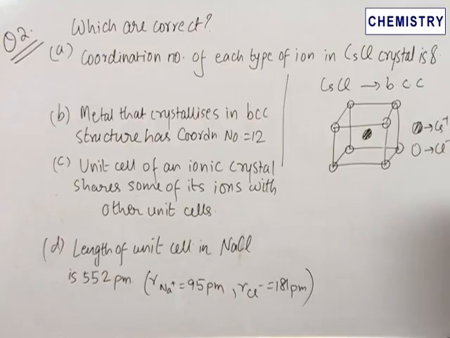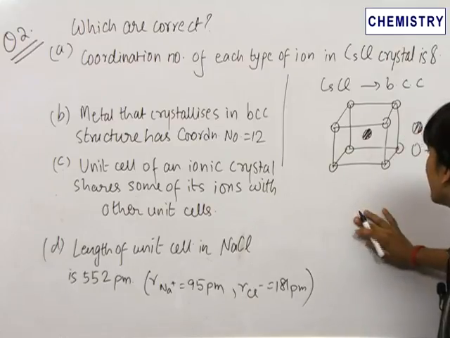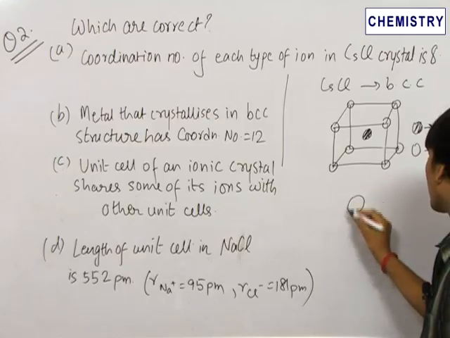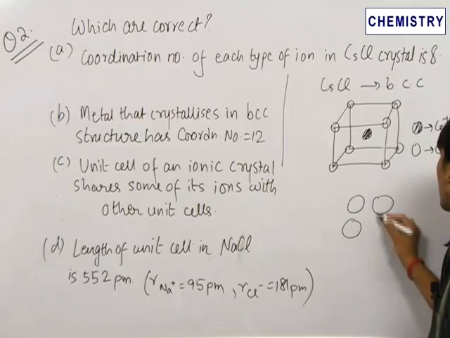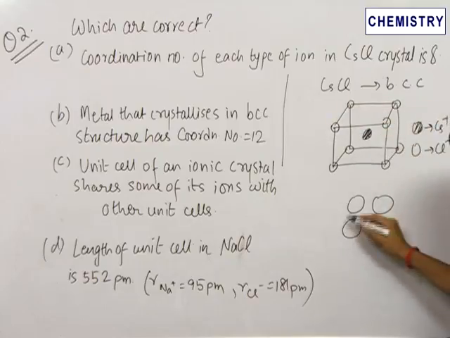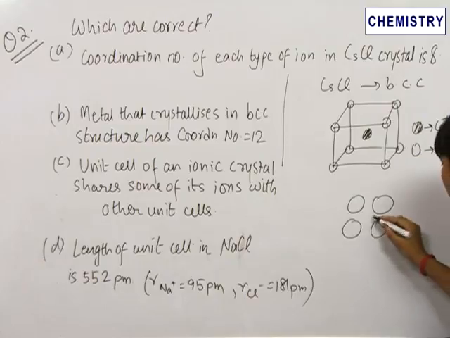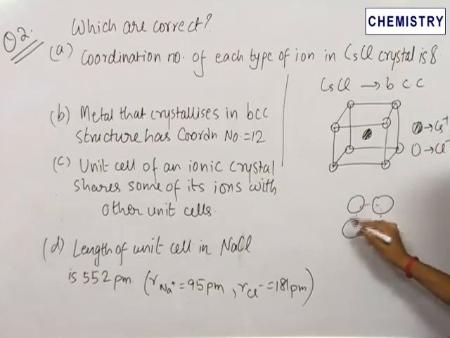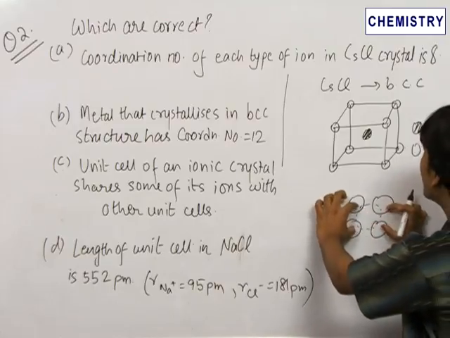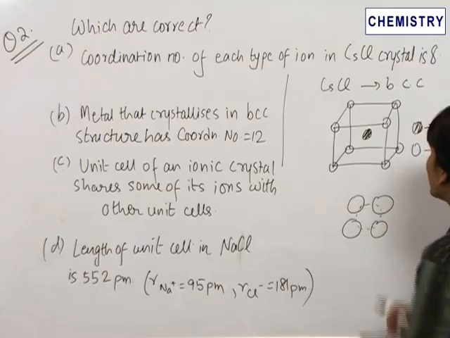Now, to find out the coordination number, let us first see what happens. In body centered cubic, we have a structure like this: the top view of these 4 Cl minus ions. Then below this will be Cs plus ion which is touching all these 4, and below that will be another similar layer of 4 Cl minus ions.